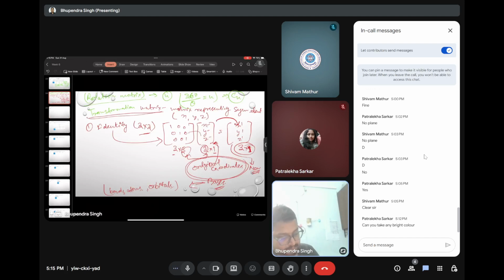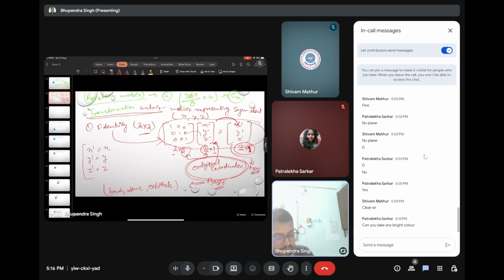So in this example you are getting the same. So x1 is equal to x, y1 equal to y, z1 equal to z, or rather x prime, y prime, z prime.